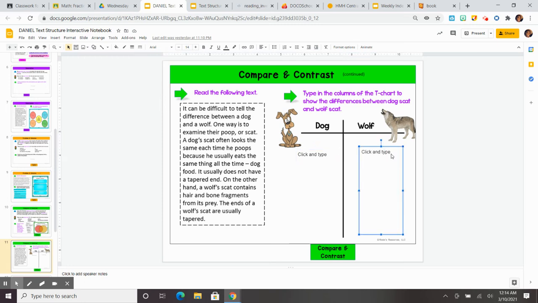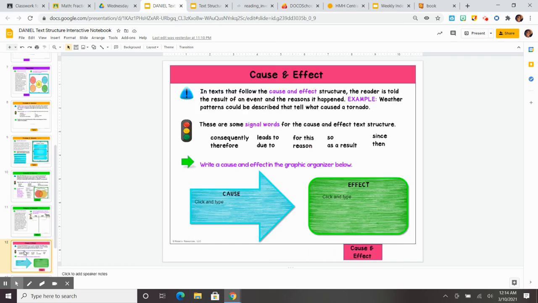For the wolf, it says a wolf scat contains hair and bone fragments from its prey. So that's what you will type here. And then it says the ends of a wolf scat are usually tapered. So two things for each one of them. You would have to go to the text and you have to do this in order. Don't randomly type in something that's not from the text, you guys. Text evidence is important.